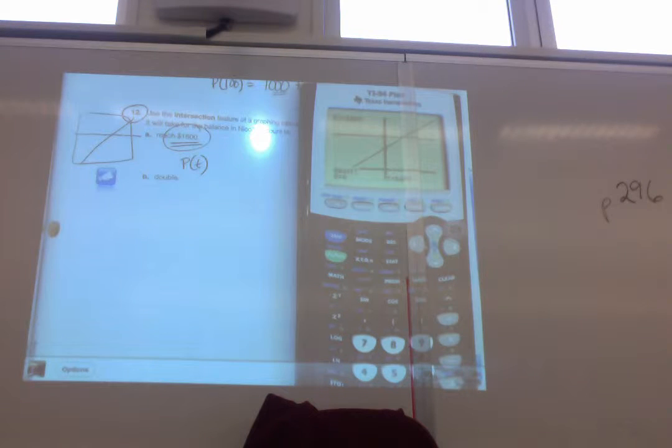Let's see. Negative 20, scale 1. Negative 20, scale 1. Oh, we did it.